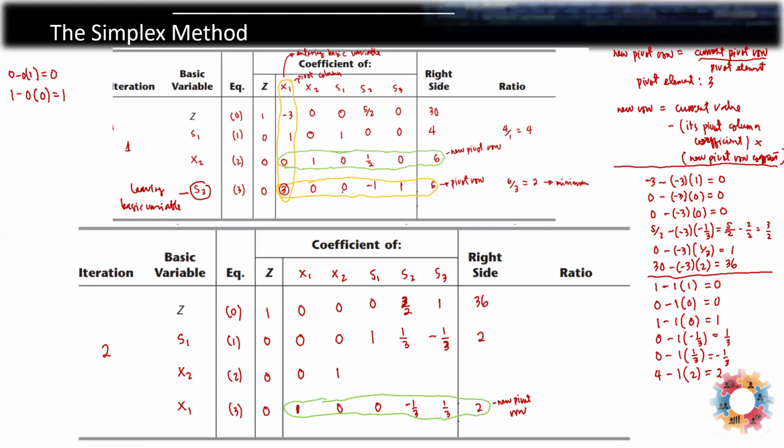And then we're almost done. And then we have 0 minus 0 times the new pivot row coefficient is 0. So this is 0. And then next is 1/2. 1/2 minus 0 times the new pivot row coefficient is negative 1/3. And that's equal to 1/2.